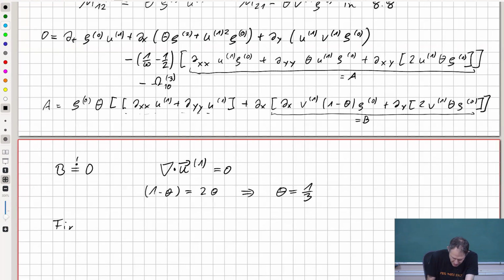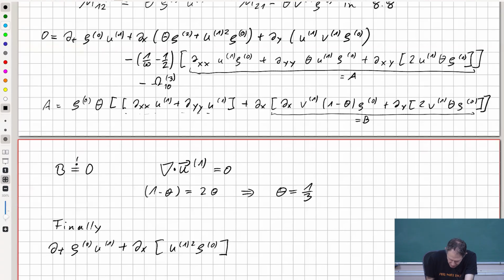So finally, we get to the Navier-Stokes equation, dt rho to zero order u to first order plus dx u first order square rho to the zero order.